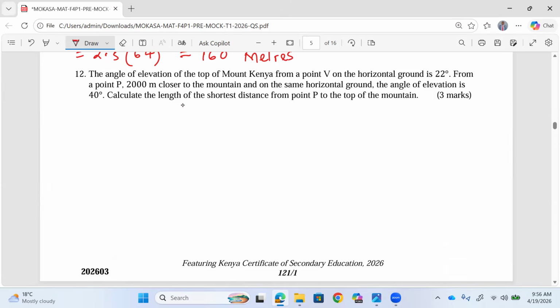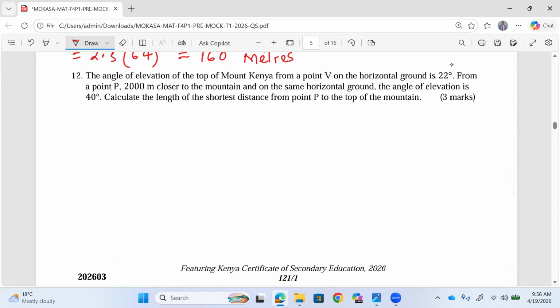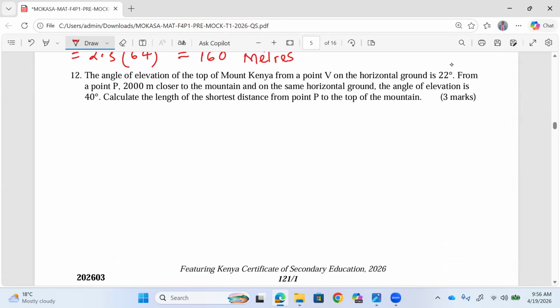Calculate the length of the shortest distance from P to the top of the mountain. This is application of trigonometric ratios together with angles of elevation and depression in what we call finding distances.